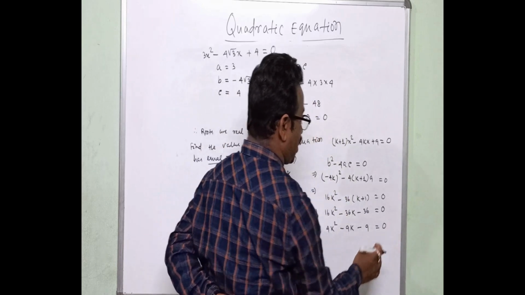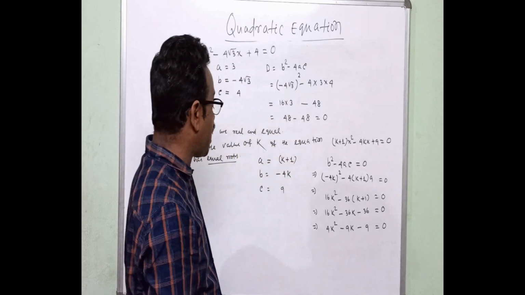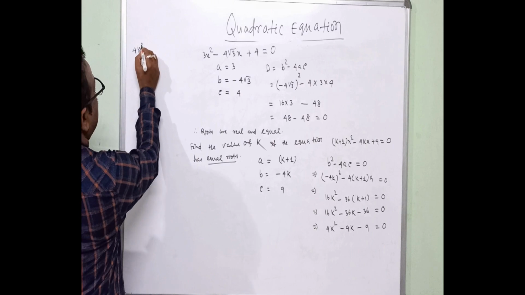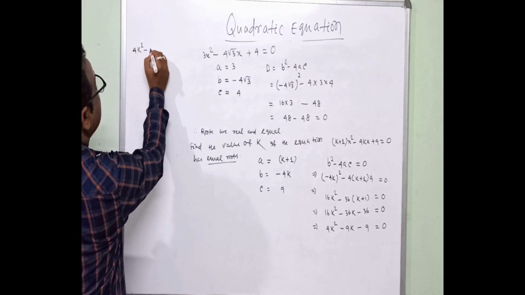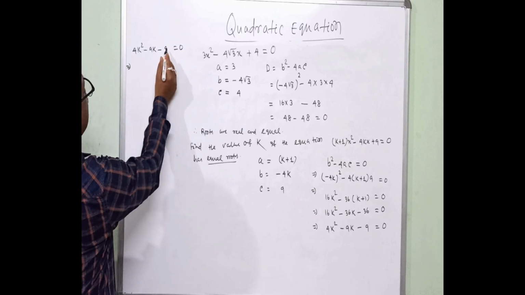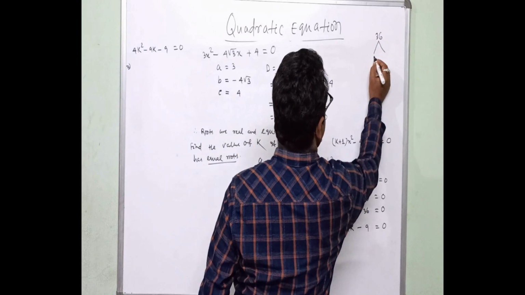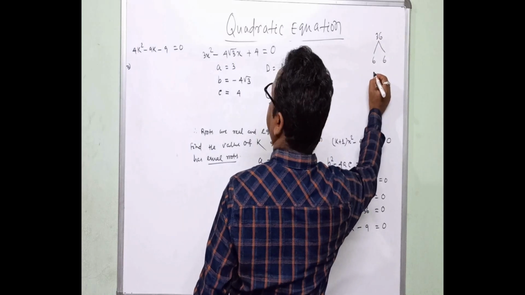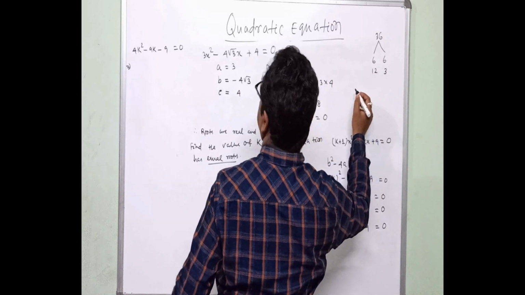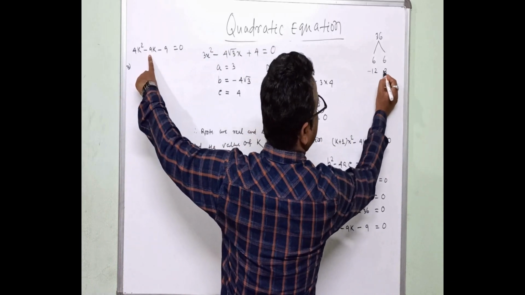Now this is in the form of ax square plus bx plus c. Now we will solve this: 4k square minus 9k minus 9 is equal to 0. The product is 4 into 9, 36, and the factors are 12 and 3. Here minus 9 is there, so one will be minus.